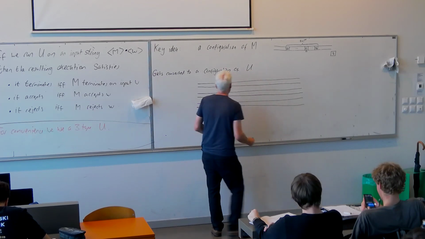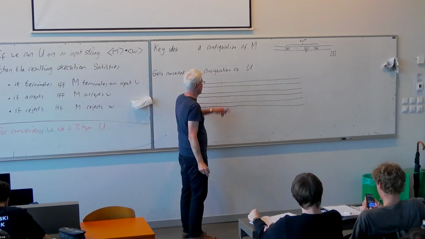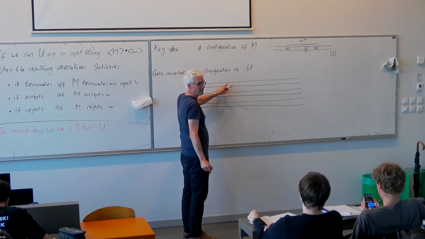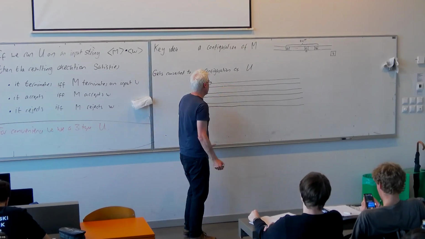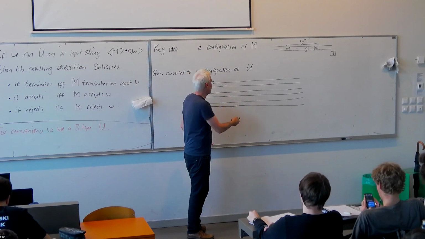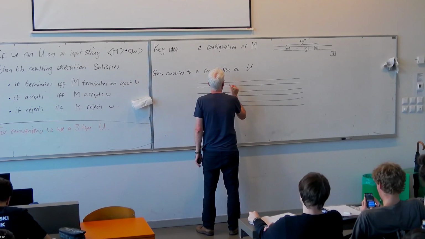The contents of the first tape are fixed, and we just put the encoding of the Turing machine M on the first tape. The point is we want to simulate M, so we're going to have to continually look up instructions in M to see what to do next. And it's just convenient to have that information stored nicely on a separate tape.